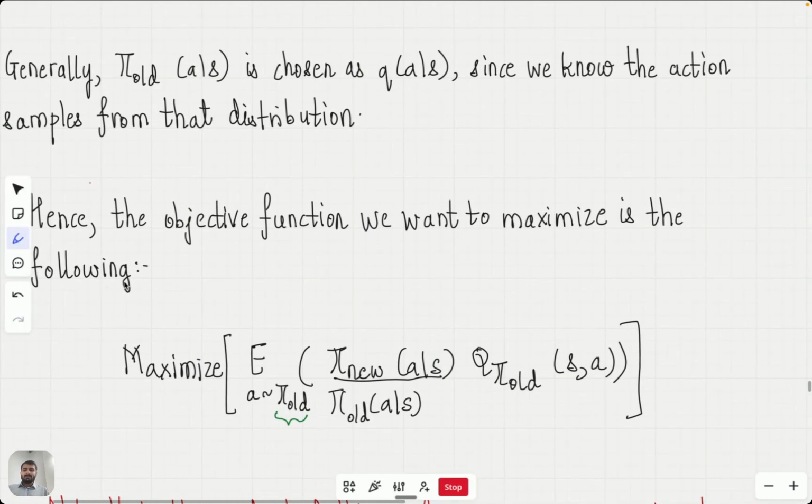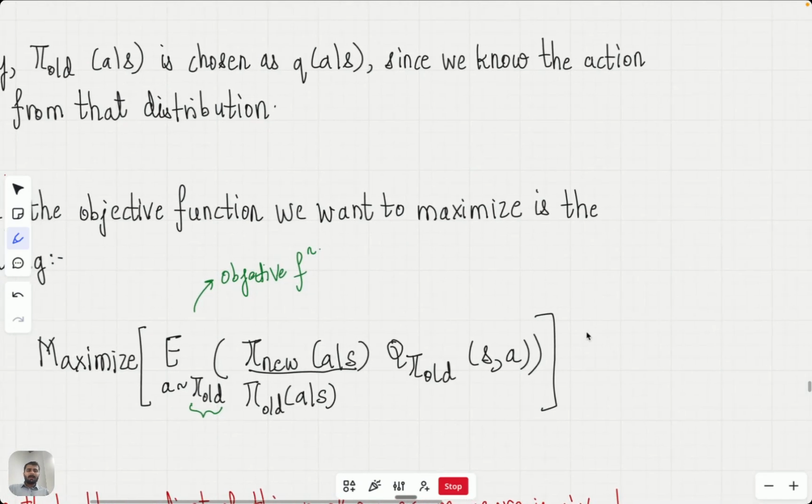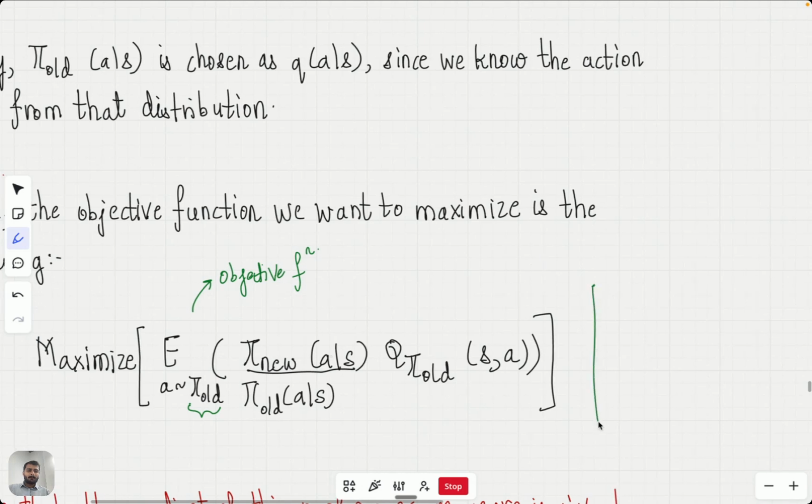So finally we have this objective function, and compare and contrast that with the grad J of theta expression that we have for vanilla policy gradient.